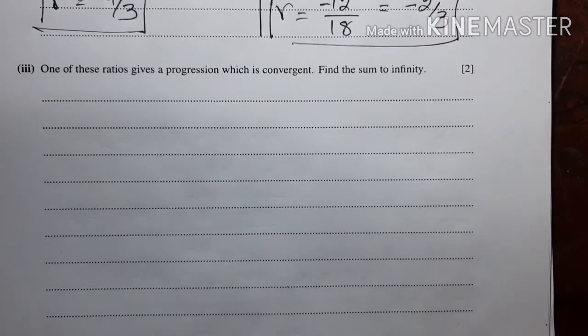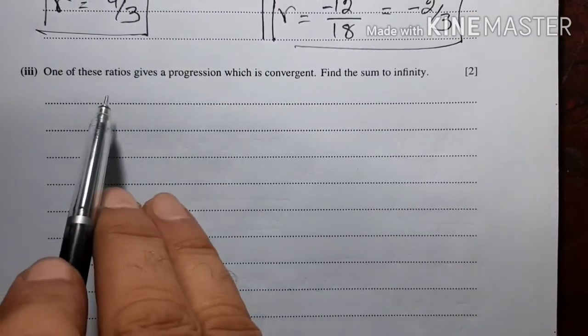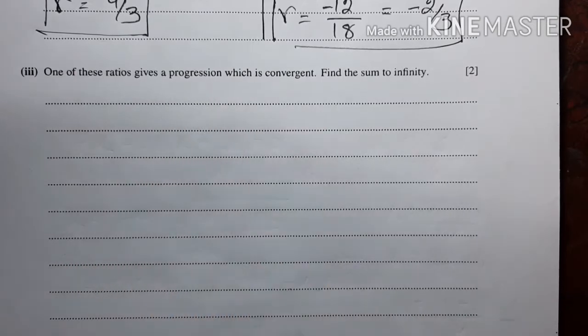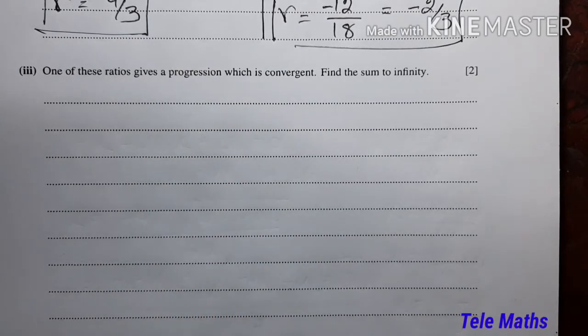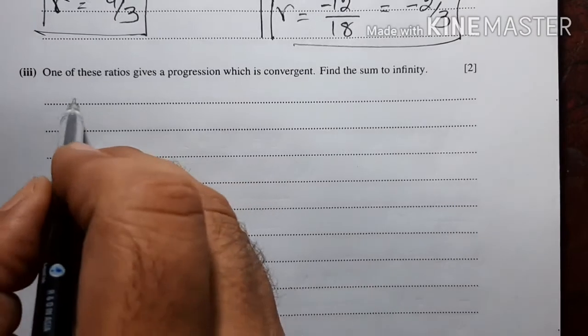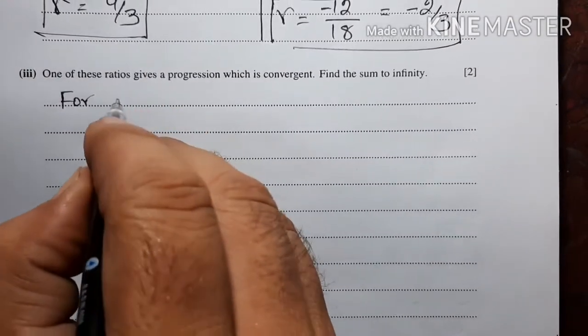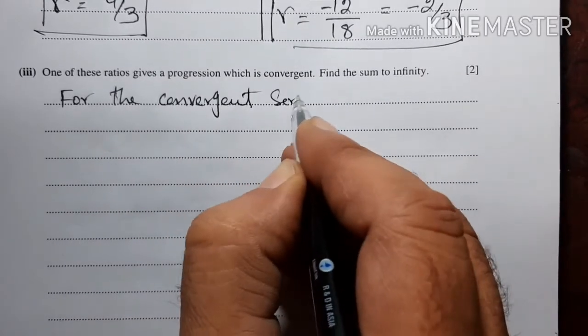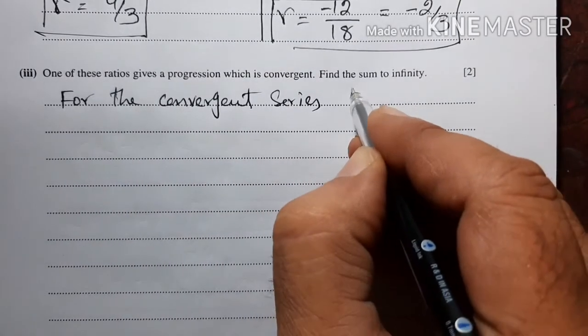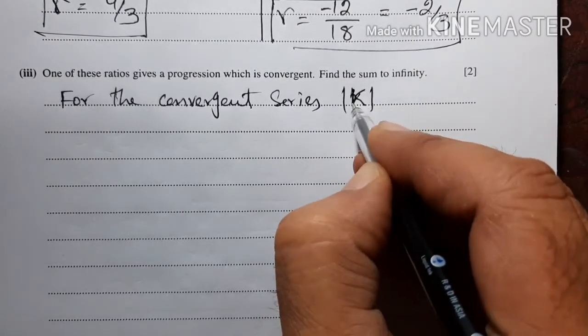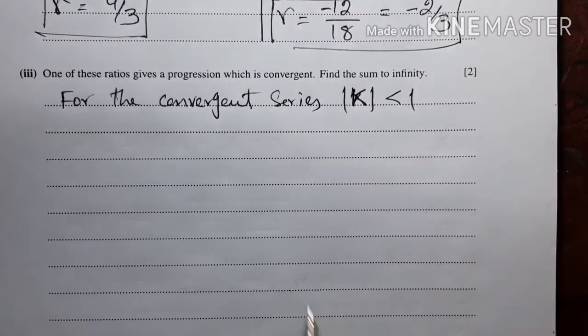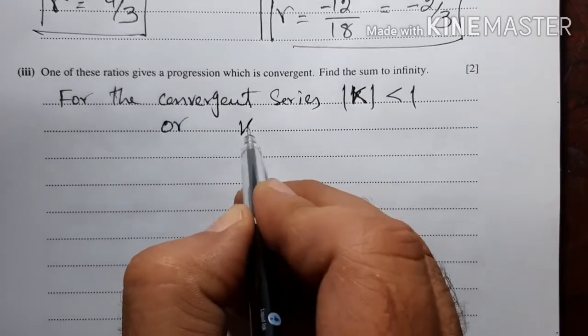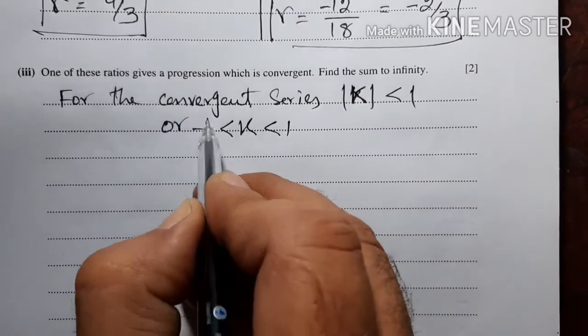Now part 3. One of these ratios gives a progression which is convergent. Find the sum to infinity. Okay. So for the convergent series, we know that the absolute value of r should be less than 1, or r should be less than 1 and greater than minus 1.